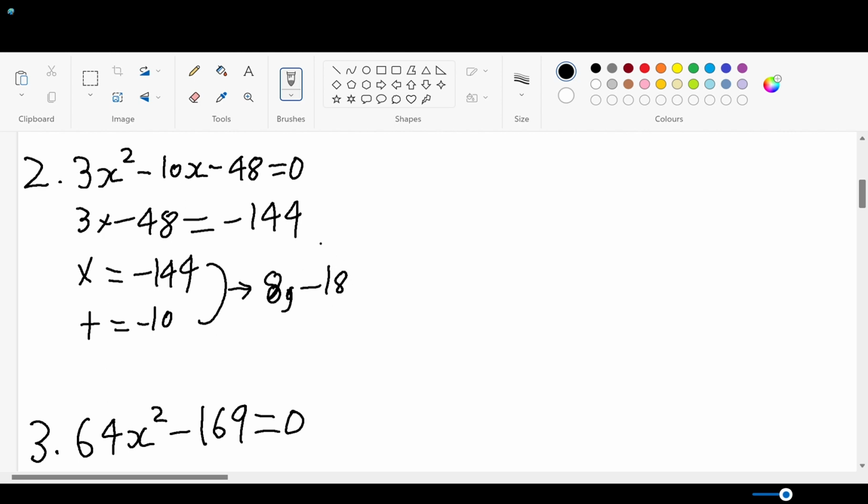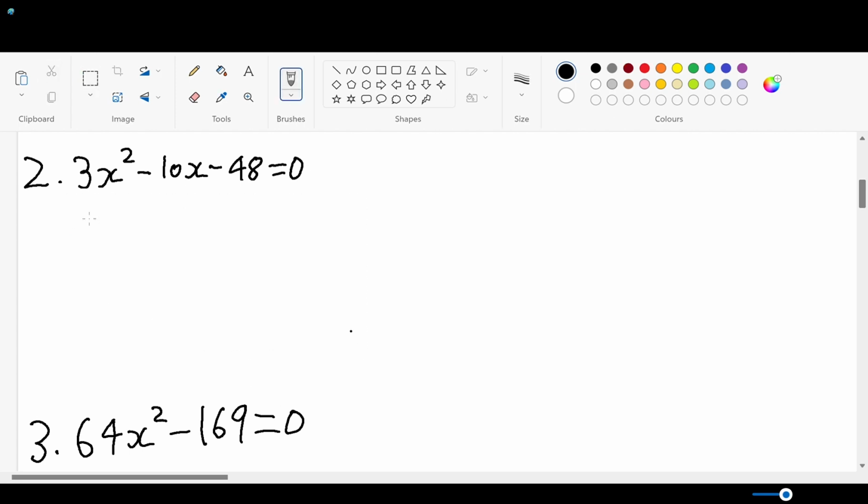So now we rewrite that expression as 3x squared plus 8x, then minus 18x minus 48 will be equal to 0.